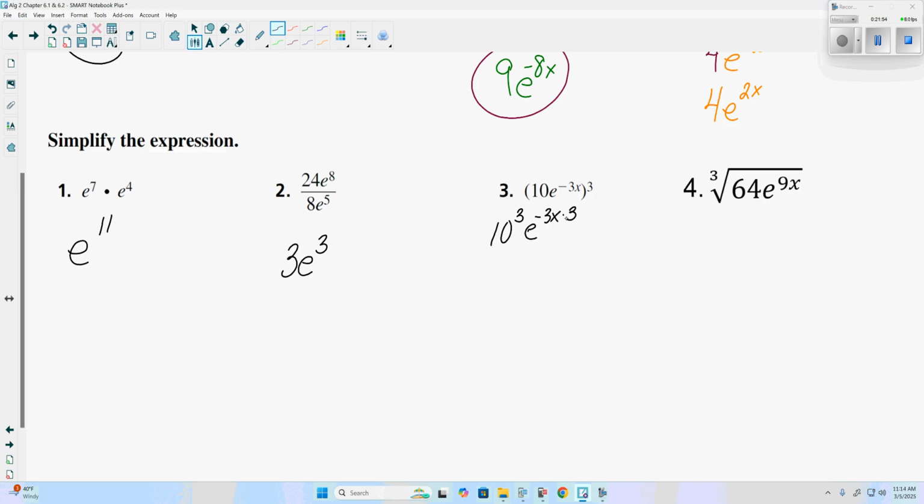Now, 10 to the 3rd. 10 to any power is kind of nice. The exponent tells us the number of zeros. Since it's 10 to the 3rd, we should have how many zeros? 3. 1, 2, 3, 1,000. e, negative 3x times 3 is, really we'd want to make that exponent positive, but we'll leave it as negative 9x.